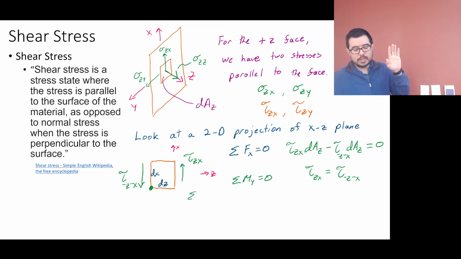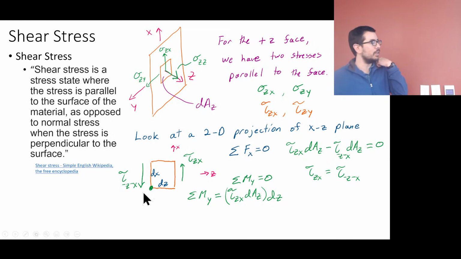To do the moments, we have to think about what the lengths are. These are forces acting at some distance, and this is going to be my reference point. Here's the reference point, here are these lengths, here's a shear stress, and there's a shear force associated with that shear stress.